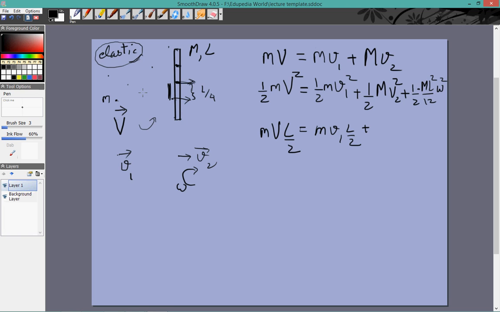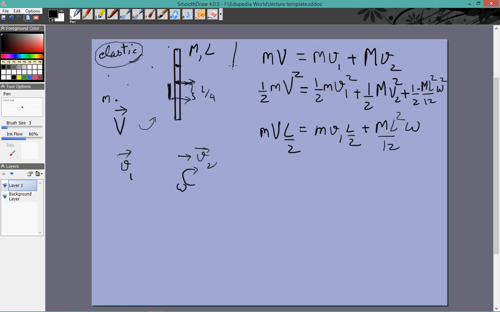Remember, the angular momentum of the center of mass will simply be that of a particle of mass m moving with the speed v2. In this case it's 0 because we are conserving about this point, and that is actually why I chose this point. That's the analog of the point we take torque equal to I alpha about: the point through which we get the minimum number of terms. And the angular momentum about the center of mass will be I omega, that is ml squared by 12 omega.